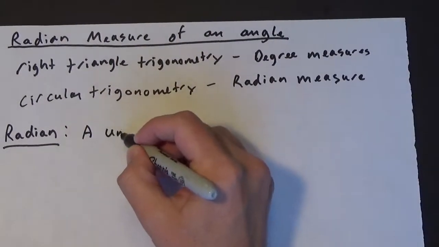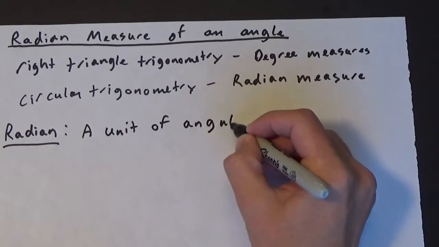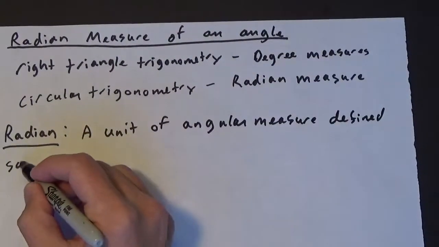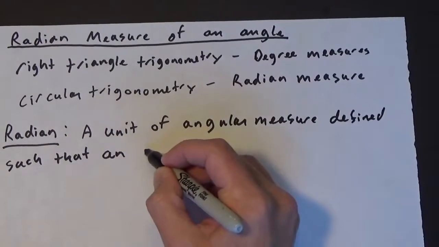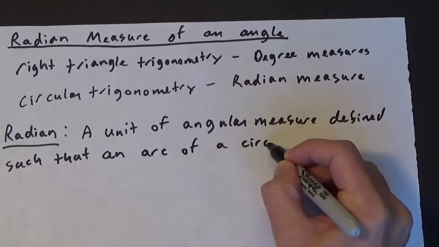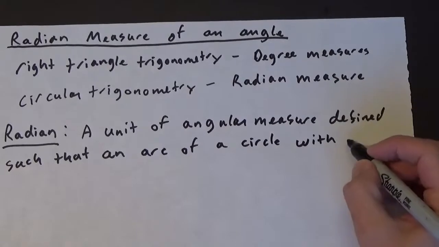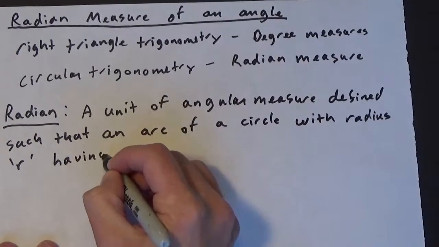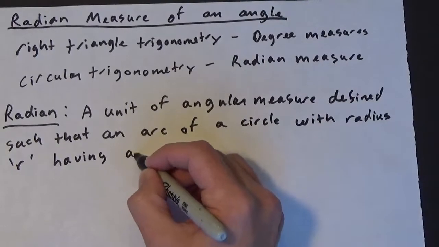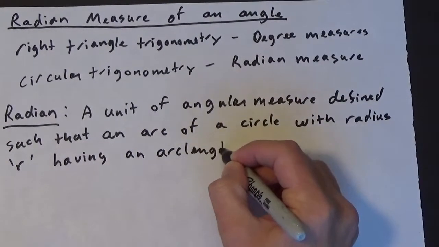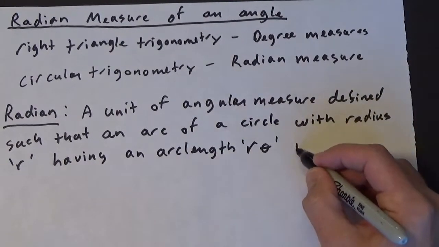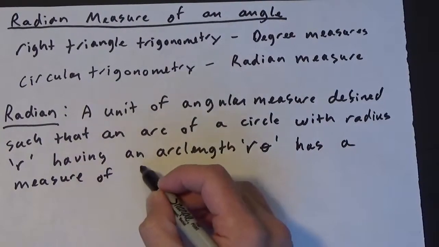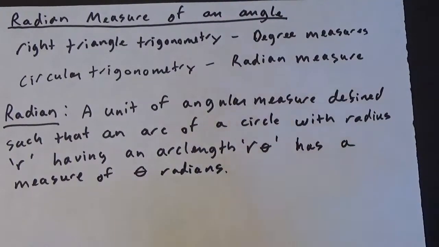So a radian is a unit of angular measure defined such that an arc of a circle with radius r having an arc length r theta has a measure of theta radians. Good.